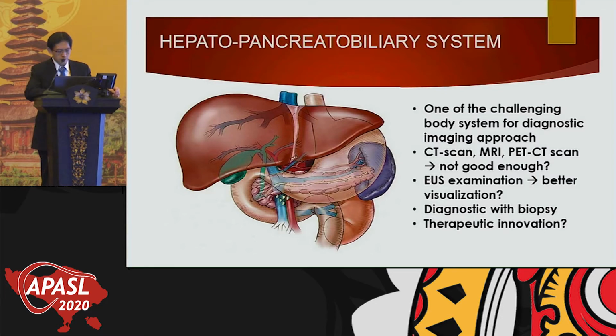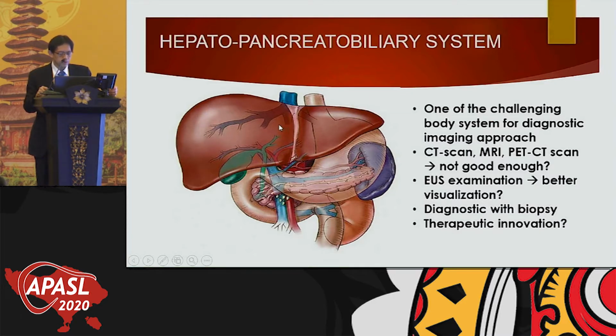I think all of us know that the liver and the pancreatobiliary system are challenging for diagnostic imaging. Even though there have been big innovations in imaging, such as CT scan, MRI, even PET CT scan, sometimes it's not good enough.